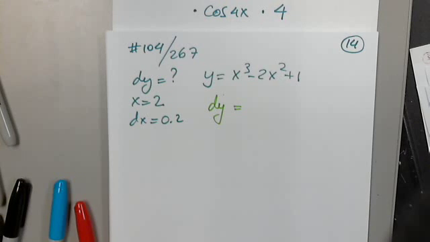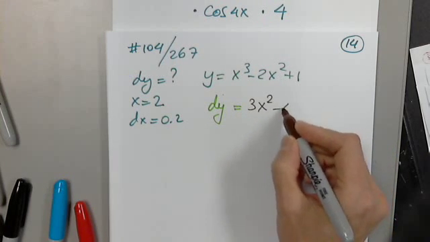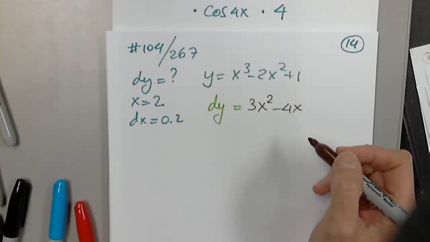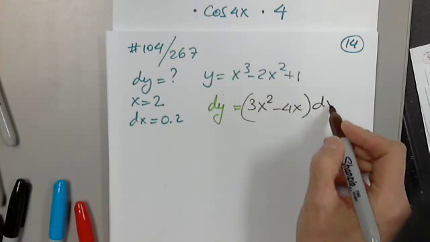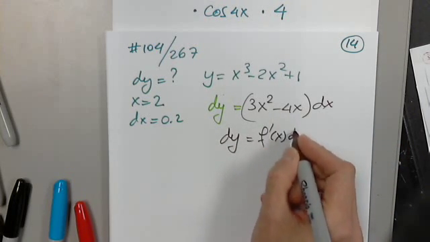So dy equals 3x squared, yes, minus 4x, yes, times dx. Just dx. So remember dy is the differential of y and it's only f prime of x dx.